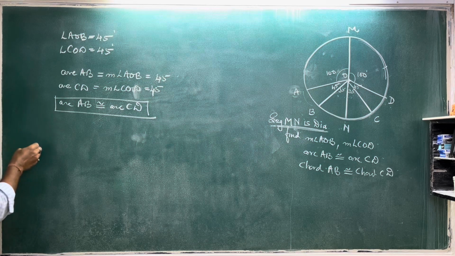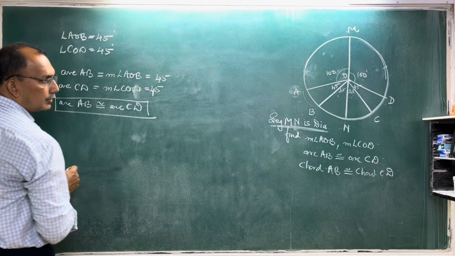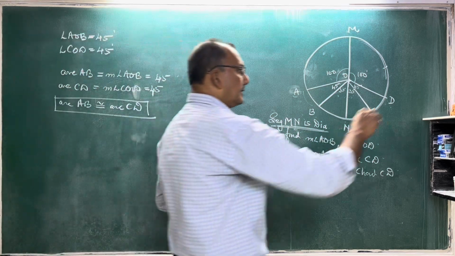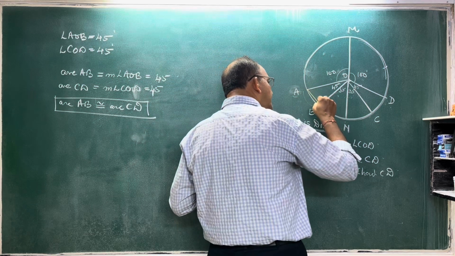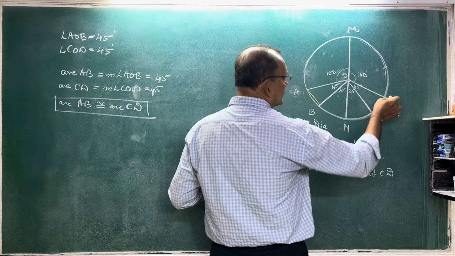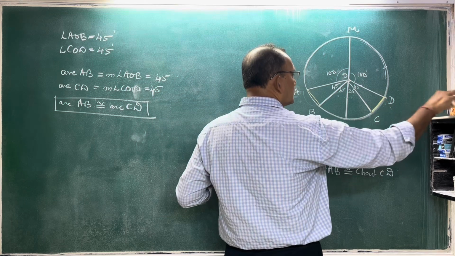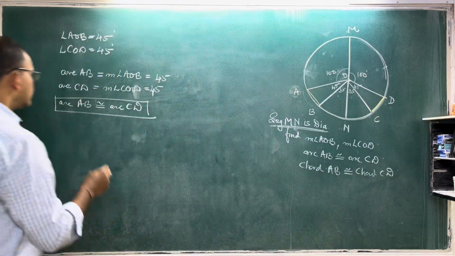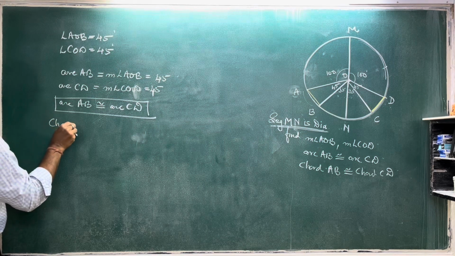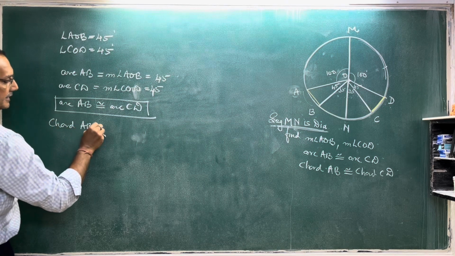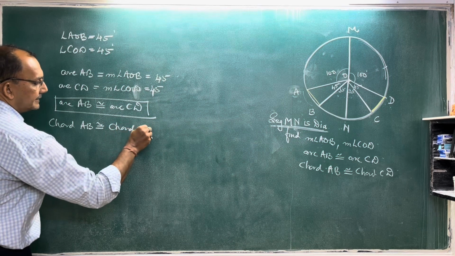Now, next part. If the arcs are equal, then the corresponding chords are equal. Now, arc AB's chord is AB. Arc CD's chord is CD. So what I get is that since the arcs are congruent, I'll write chord AB is congruent to chord CD.